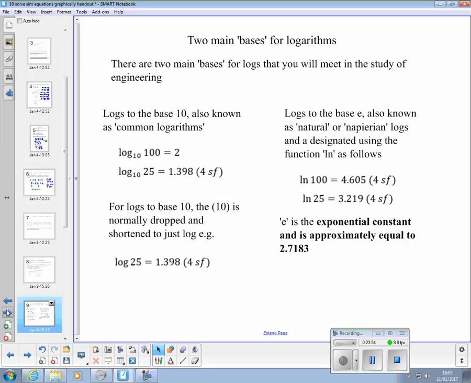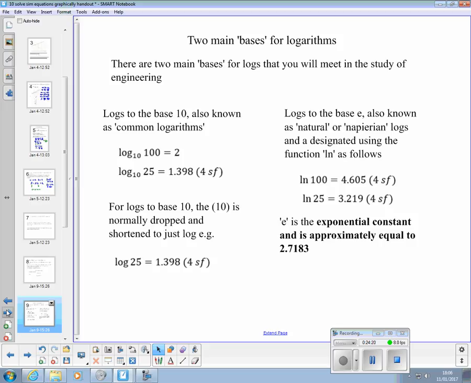Now, if you study engineering, certainly here, you're going to come across two bases for logarithms, really. One is logs to the base 10, also known as common logarithms, the log or LG function on your calculator. So the log to the base 10 of 100 is 2.